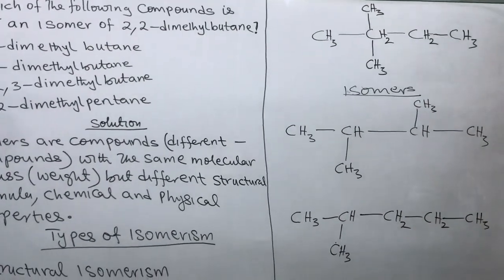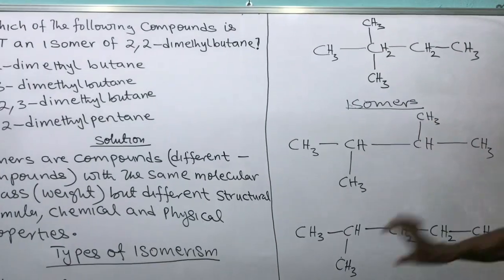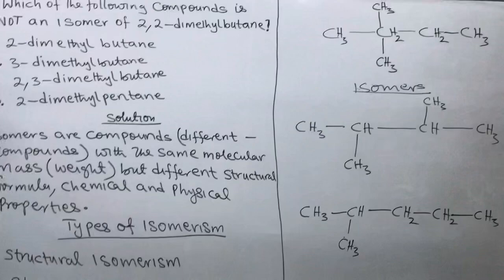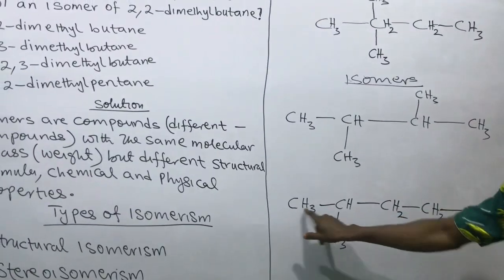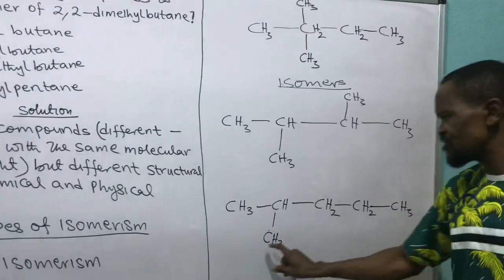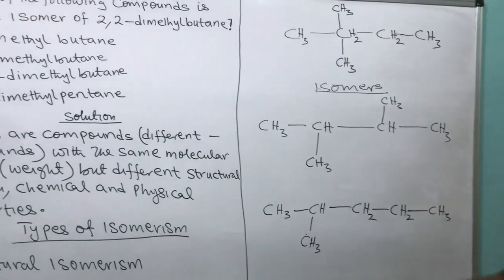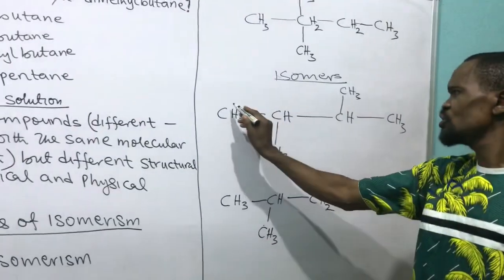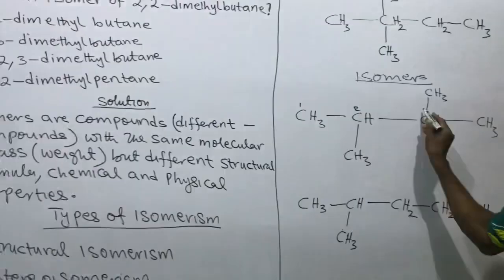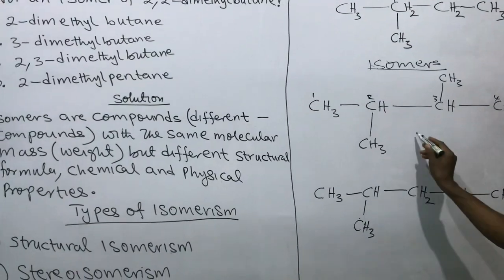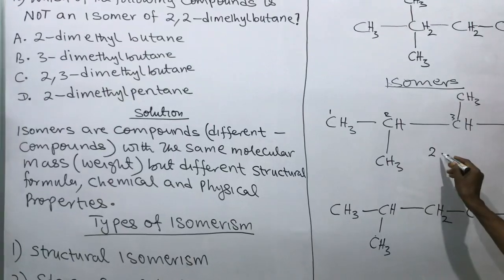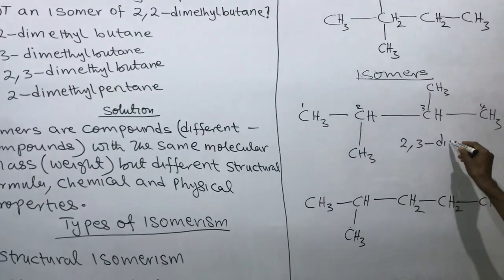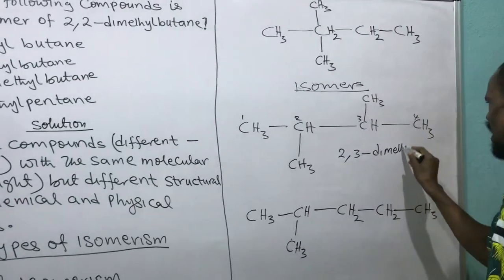I have used this to form another structural formula, which gives me 1, 2, 3, 4, 5, 6. They are different. If I want to name this, this is carbon number 1, 2, 3, 4. I will name it 2,3-dimethyl.